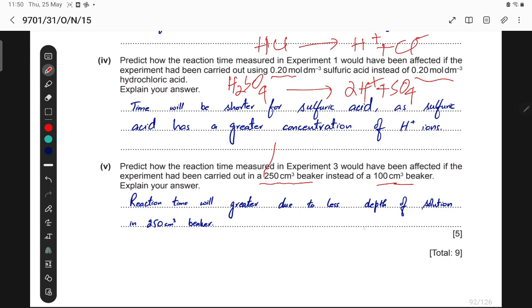So the 250 cm cube beaker has less depth than the 100 cm cube beaker. So that is why, because of the less depth of the solution in the 250 cm cube beaker. Hopefully you get it.